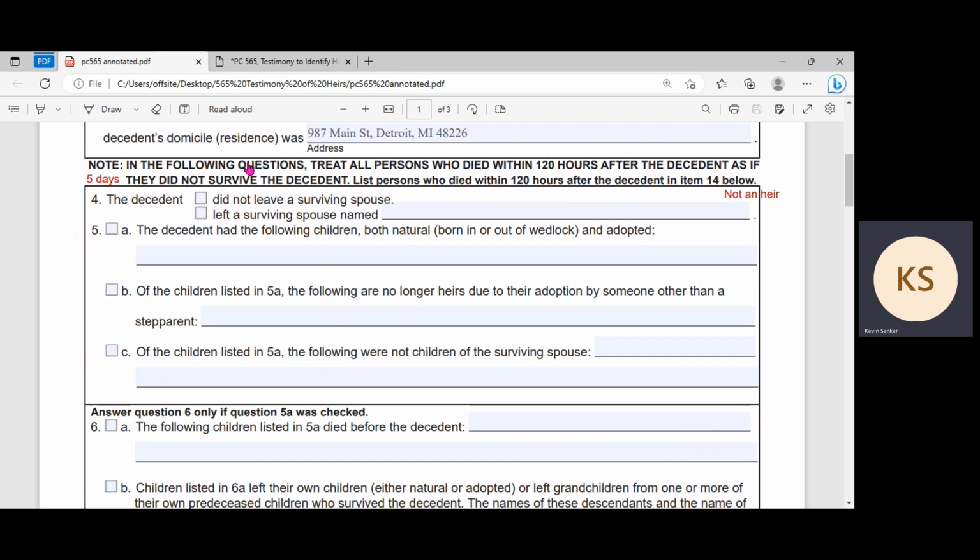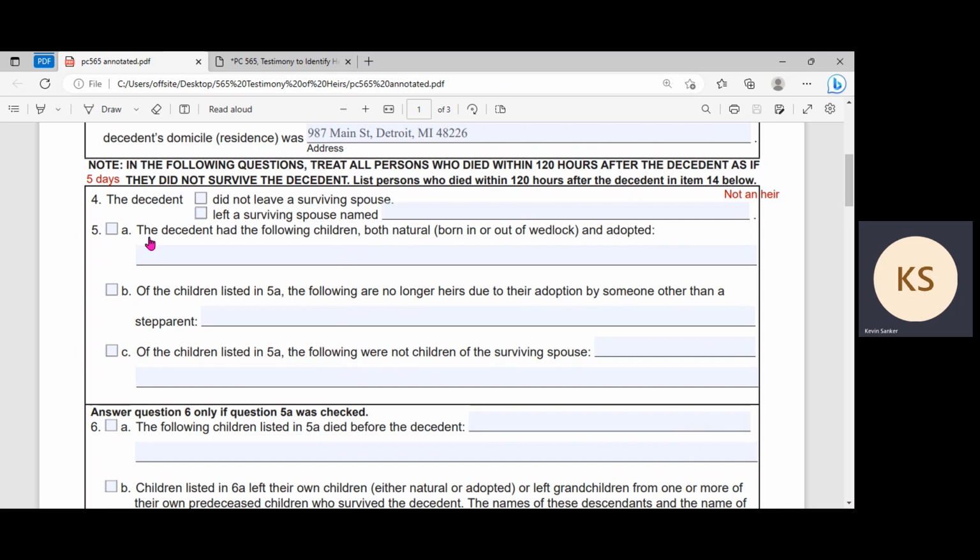So if spouses died in a car crash, both of them would be considered to have predeceased the other.